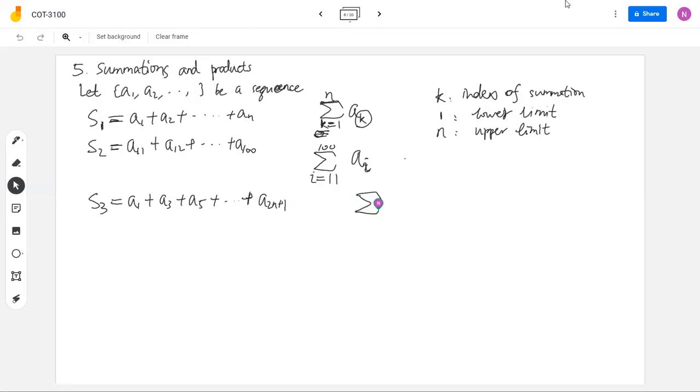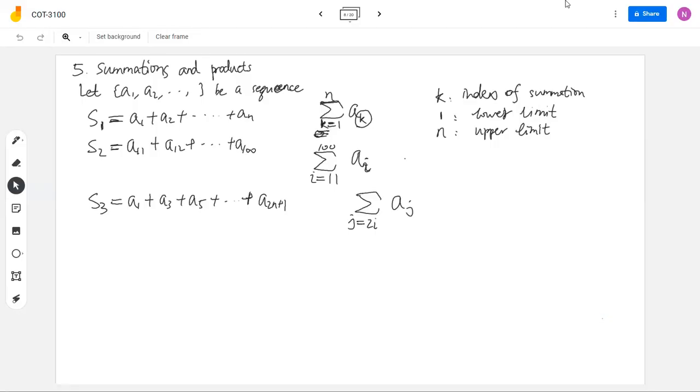Here, if you write AJ, it's not very good, because then you have to say J equals 2 minus 1, J equals 1, 3, 5, and 2N plus 1.